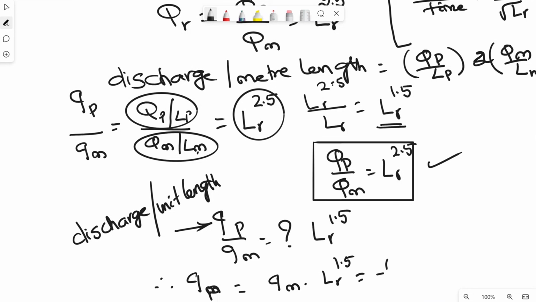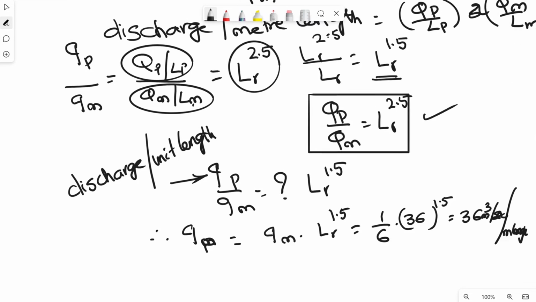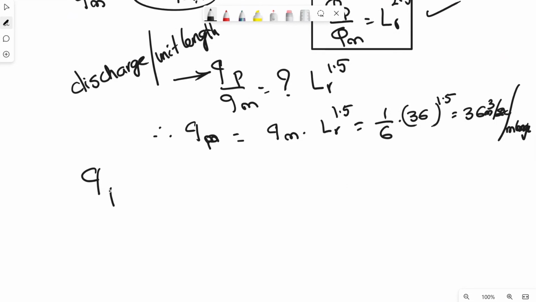The qm is 1 by 6, and Lr is 36, so 36 to the power of 1.5. If I calculate this, it is 36 meter cube per second per meter length. So the final answer is qp equal to 36 meter cube per second per meter length.